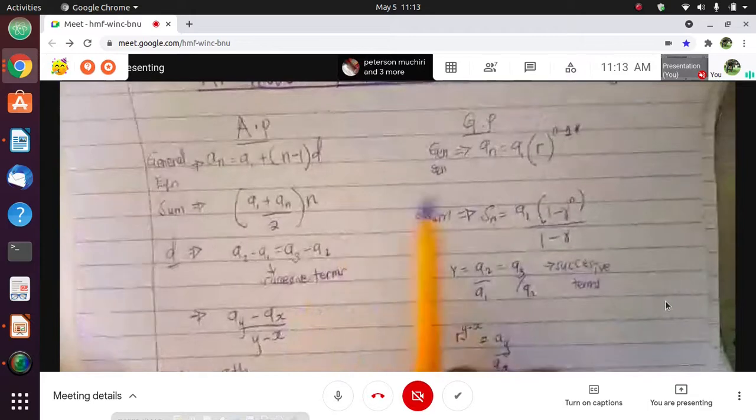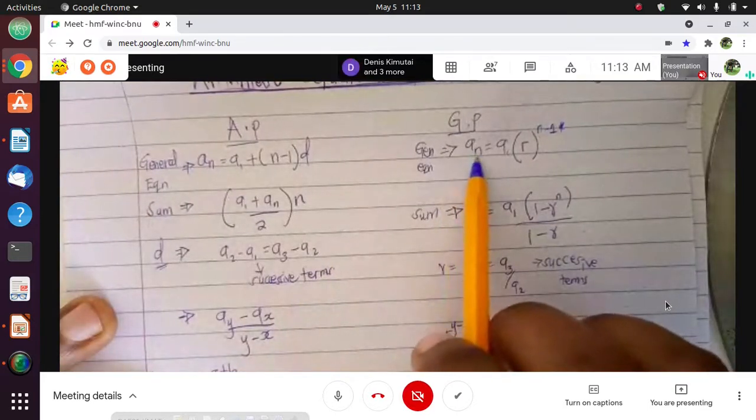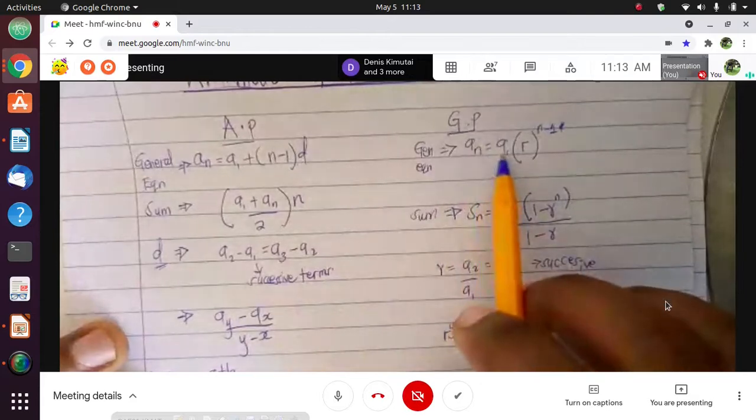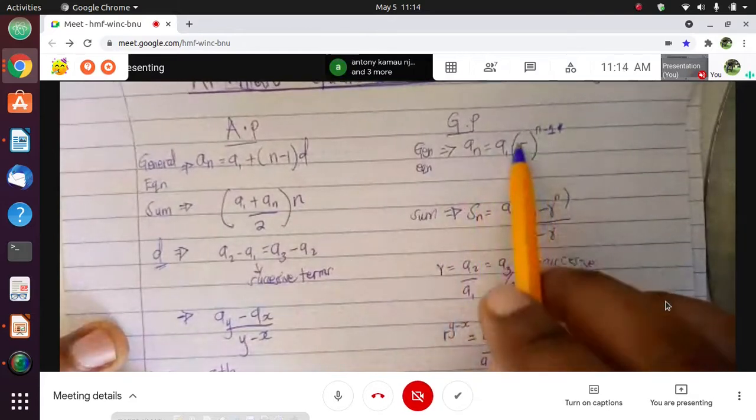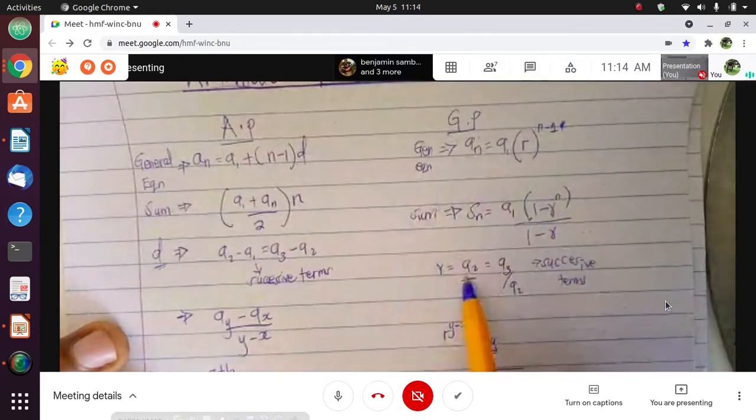For a geometric sequence, ama for a geometric progression, AN, the nth term, is given by the first term, A1, multiplied by R. R is the common ratio. What do I mean by the common ratio? If you have successive terms, if I take the second term divided by the first term, it should give me a common ratio. If I take the third term divided by the second term, it will give me a common ratio.